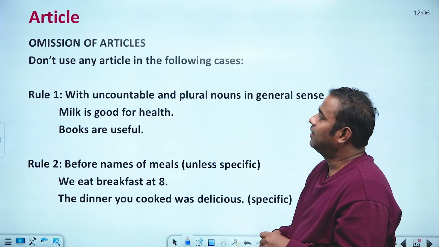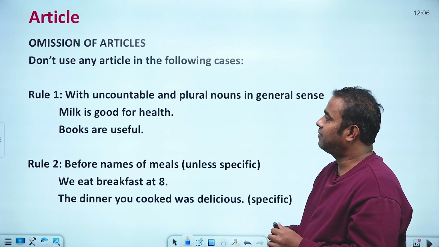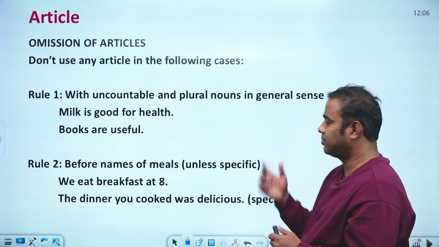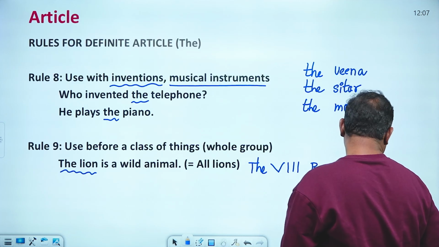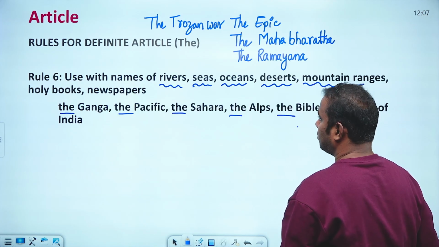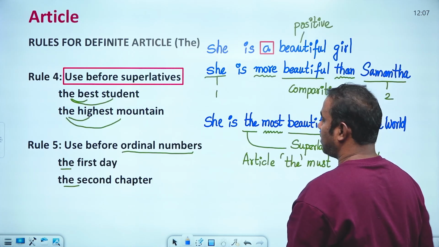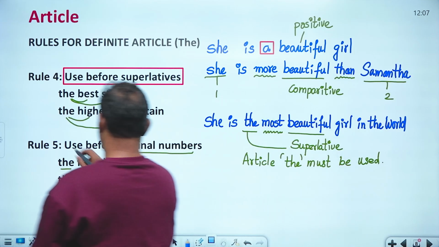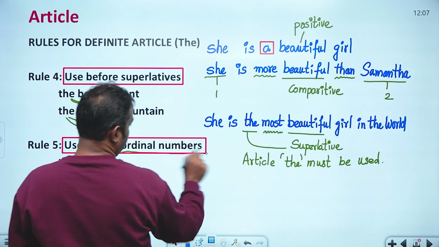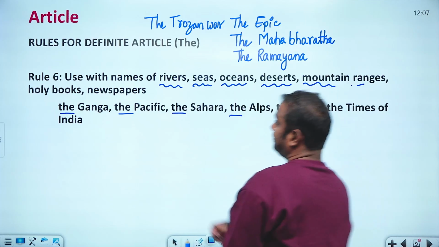Then don't use any articles in the following. So this is the omission of an article. So the next point is omission of an article. Here, before going to apply the rules and regulations, let me highlight those points here. Here this is the point.